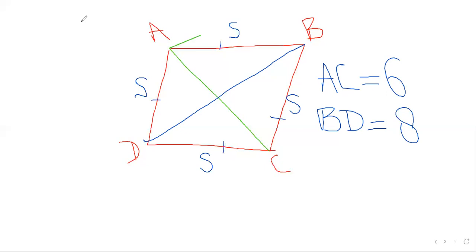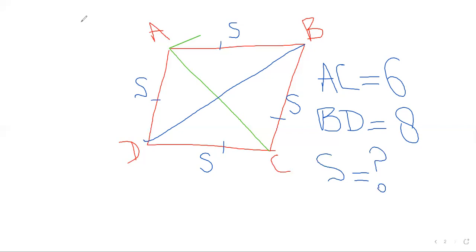So you will have to find these sides. The question is, what is the side? If you can find the length of one side, that will be the length of all four sides.